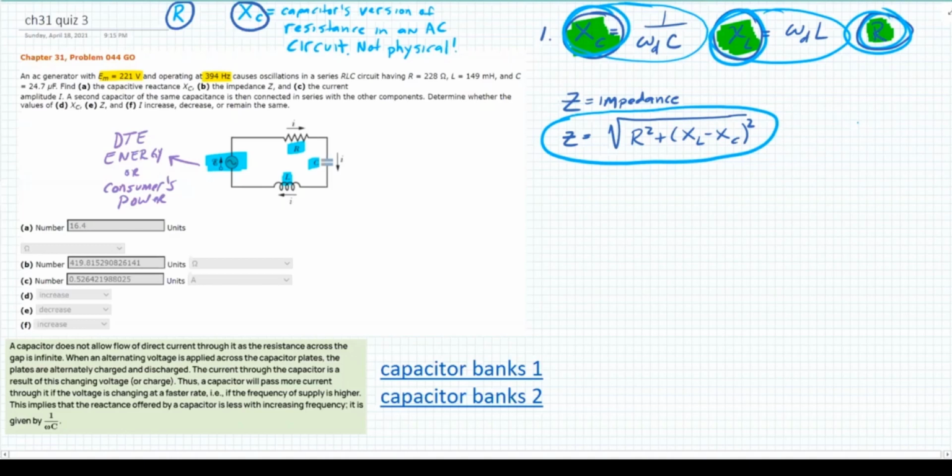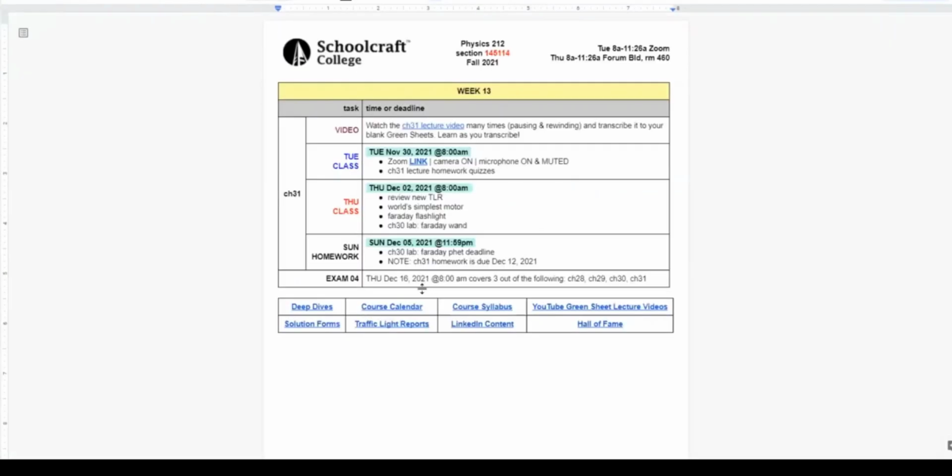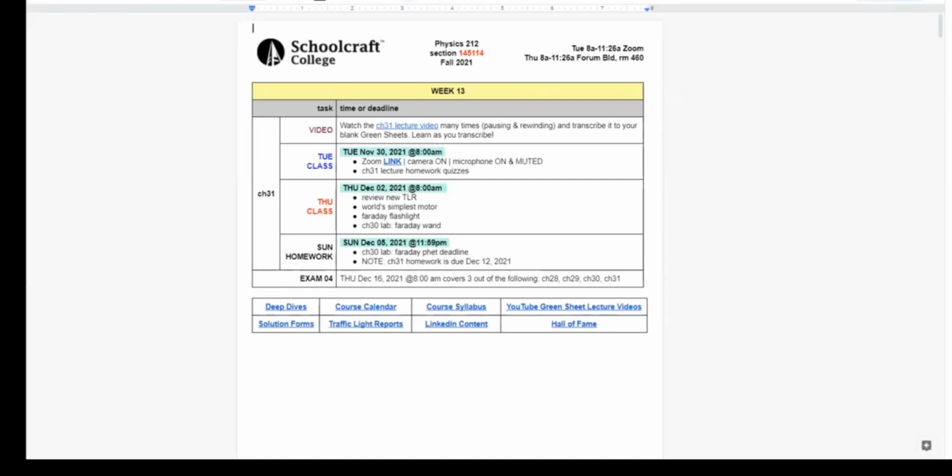Before I forget, let's talk about when the homework is due. I just wanted to mention this in case you haven't seen it. The chapter 31 homework is due on December 12th. That's a lot of time, which is good, so we can digest this thoroughly, because this is pretty heavy stuff.